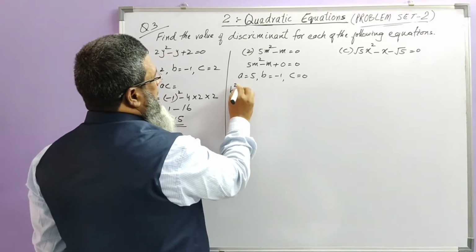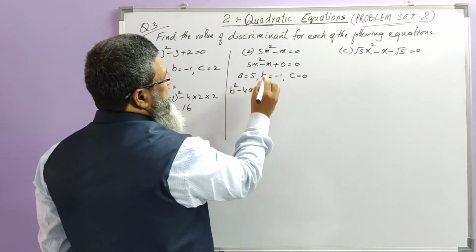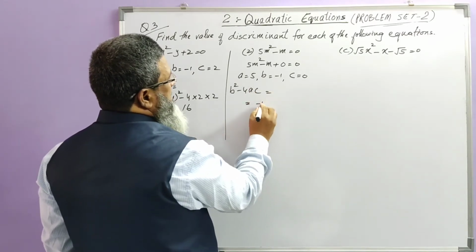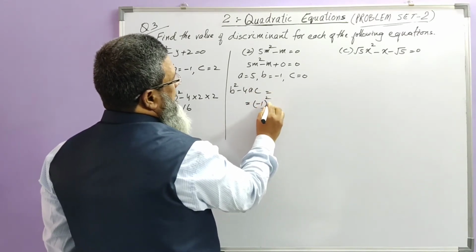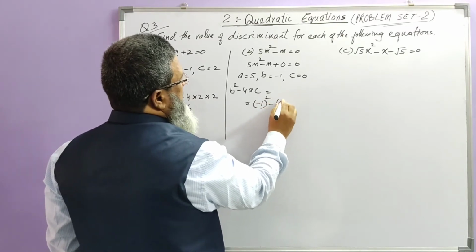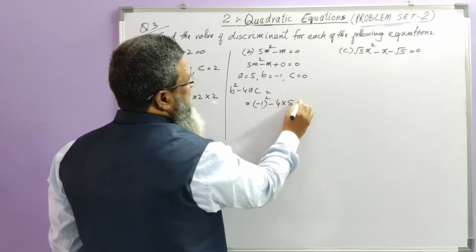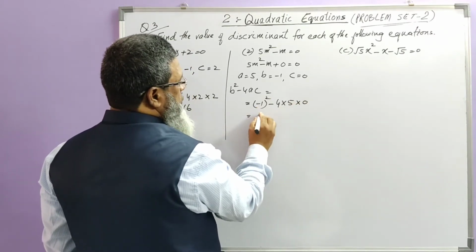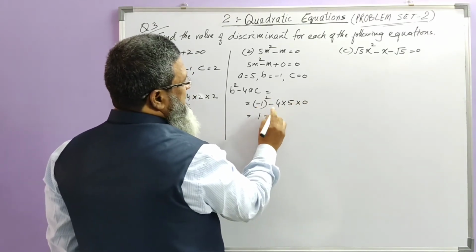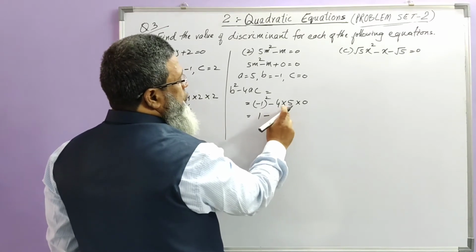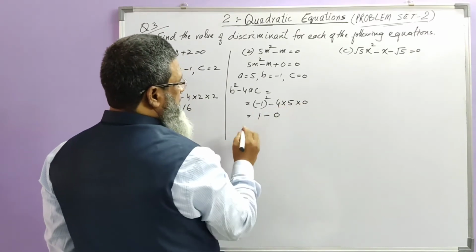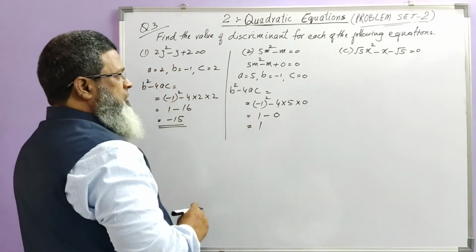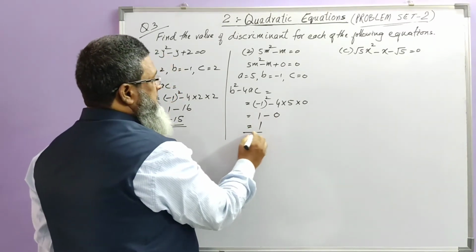What is b square minus 4ac? b square is minus 1 whole square, minus 4 into 5, which is a, and c is 0. So minus 1 square is 1, minus 4 into 5 is 20, 20 into 0 is 0. So this will become 1, 1 minus 0 is 1. So this will be the discriminant.